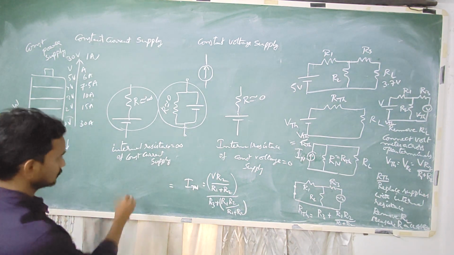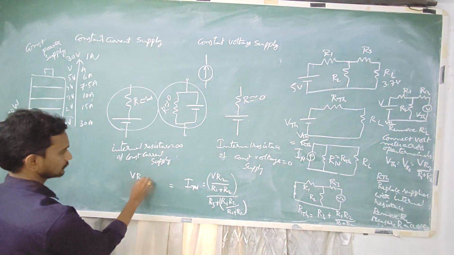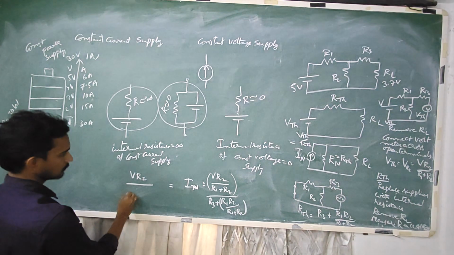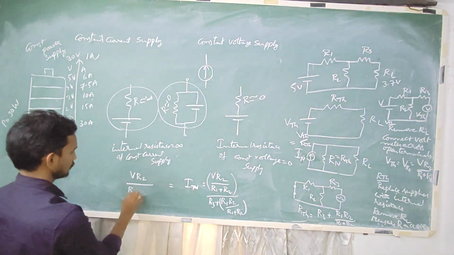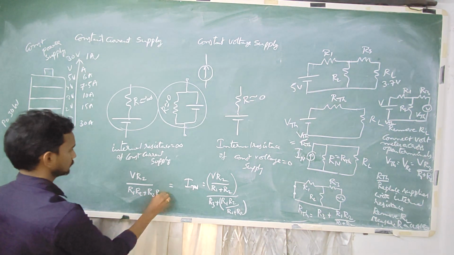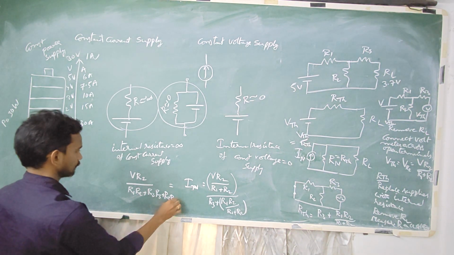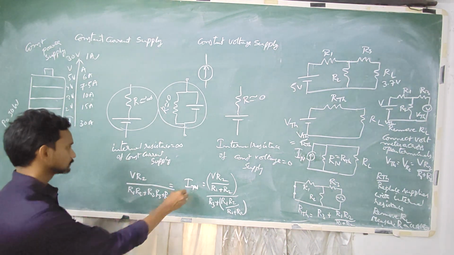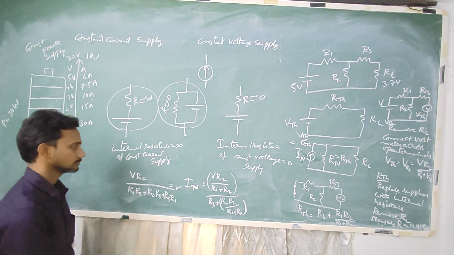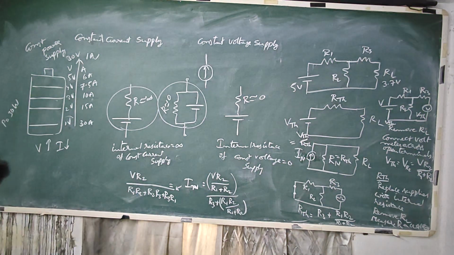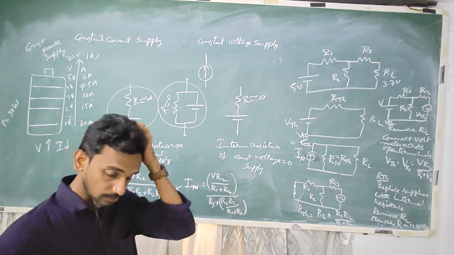So that becomes V R2 by R1 R2 plus R2 R3 plus R3 R1. That's all. To work this out and the rest, we'll see in the next session.